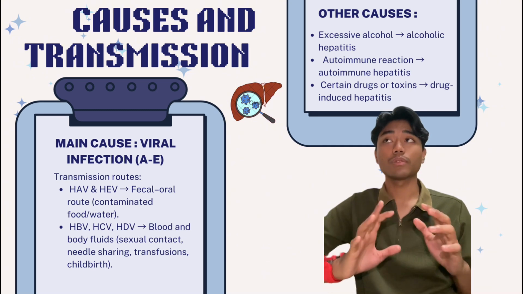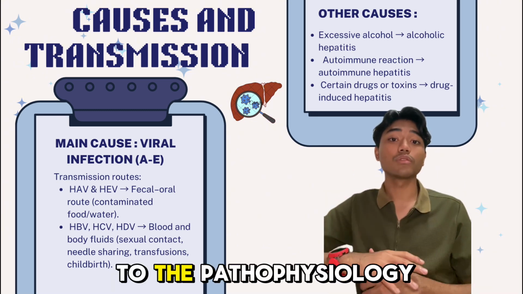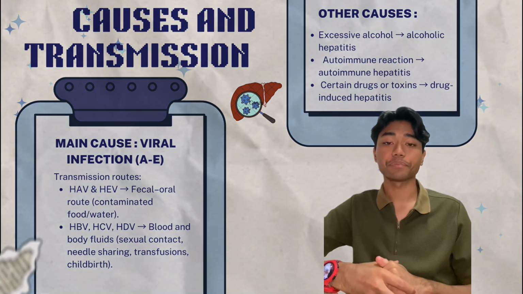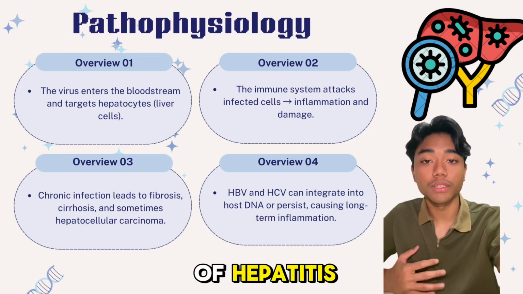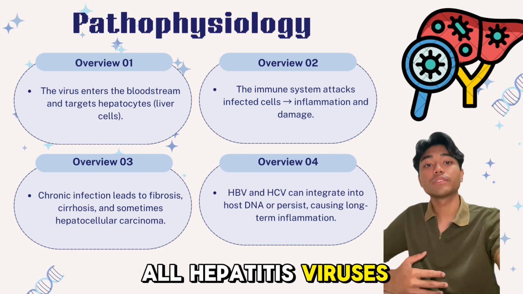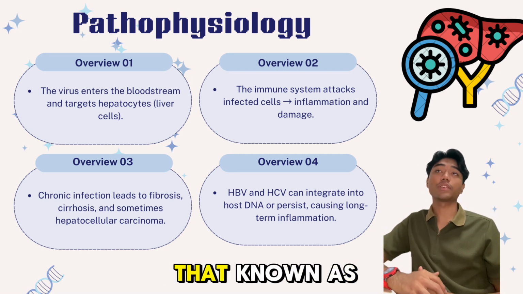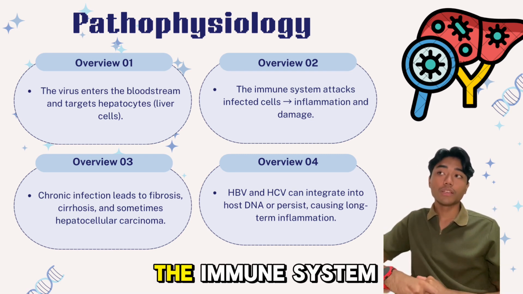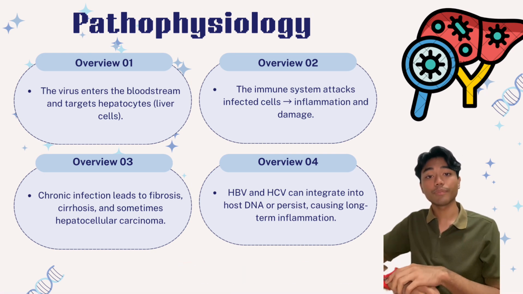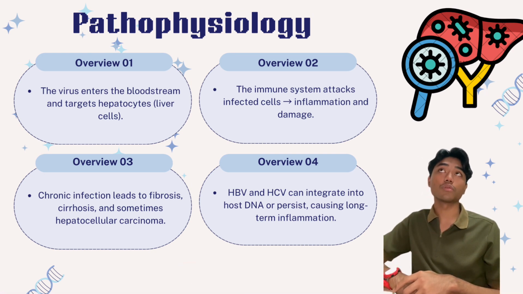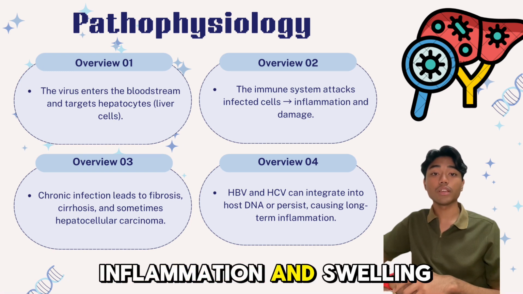So without wasting much more time, let's move on to the pathophysiology of hepatitis. All hepatitis viruses target liver cells that are known as hepatocytes. The immune system tries to fight the infection by attacking these infected cells, and this will lead to inflammation and swelling of the liver.